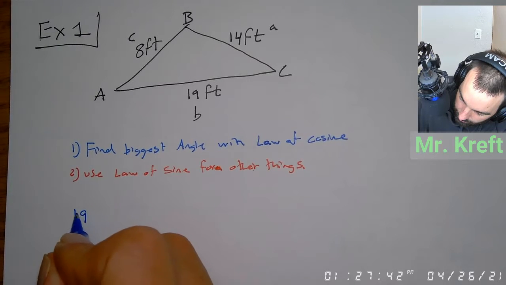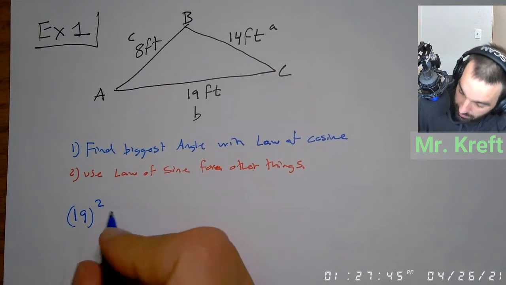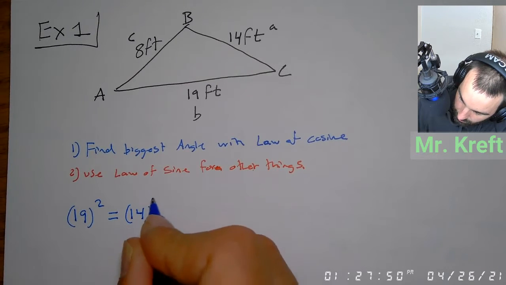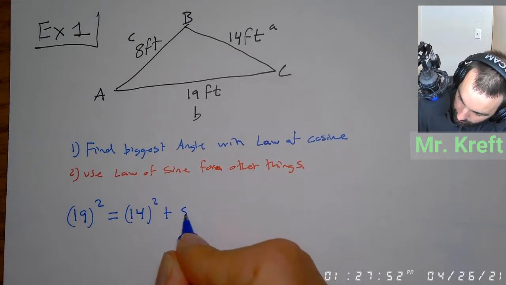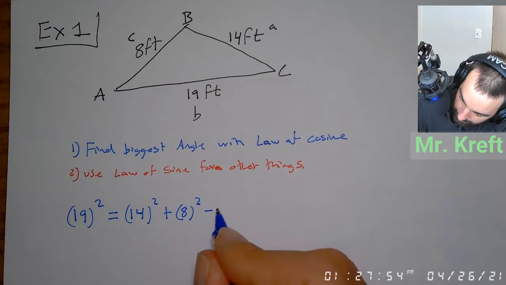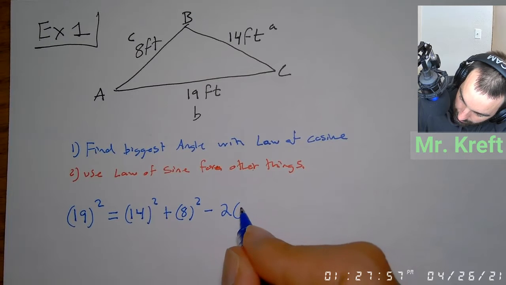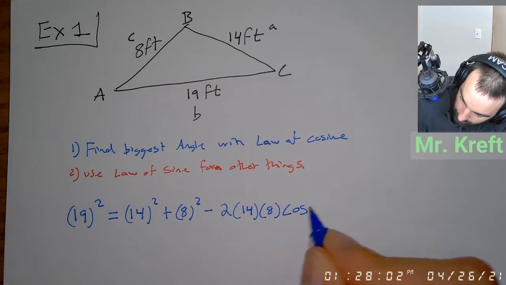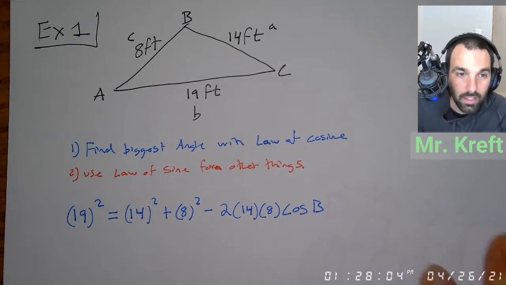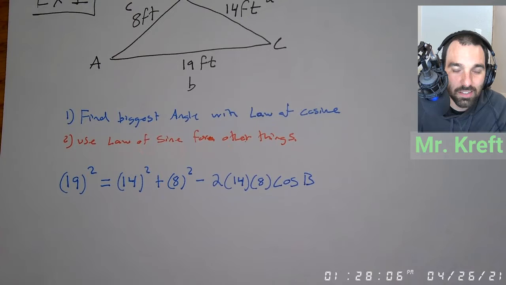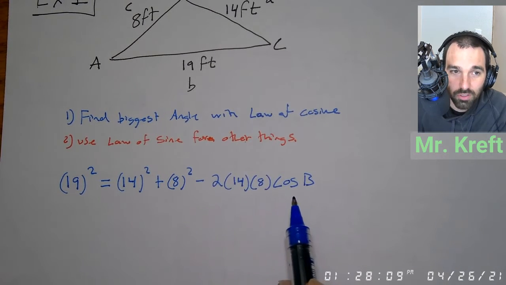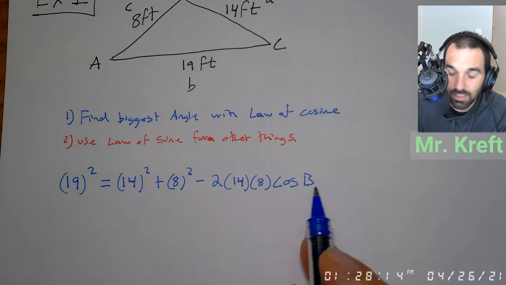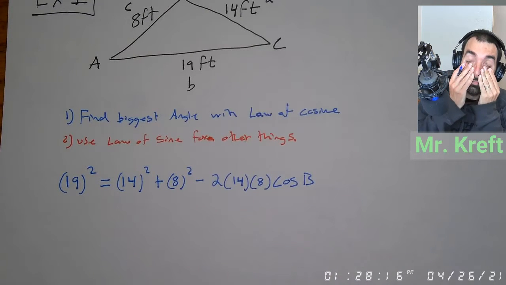B squared equals A squared plus C squared minus 2 times A times C times cosine of angle B. And as you can see, this is already a little headache. Now, it's not hard to do, but oh my gosh, we're going to have to do the algebra to get here.